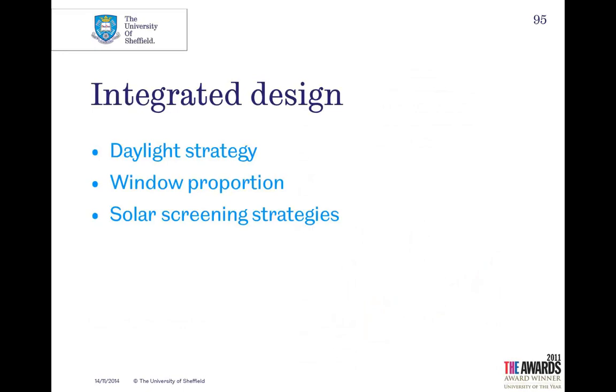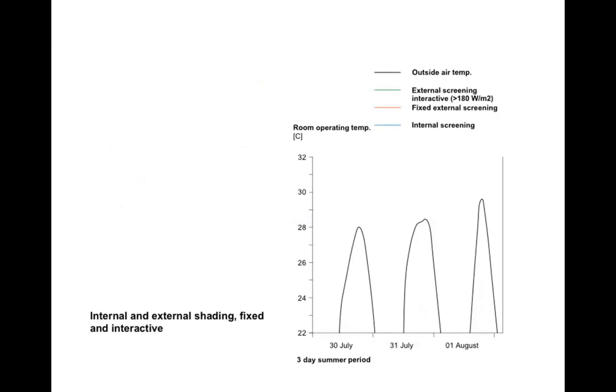So we looked at some solar screening, and here what we're looking at is comparing internal and external shading, and looking at an interactive shading system. So we'll go through that.